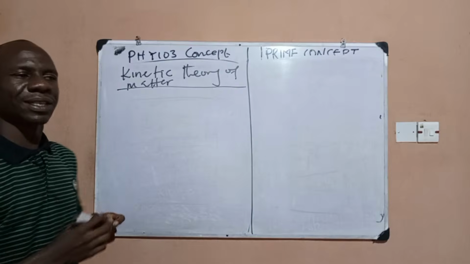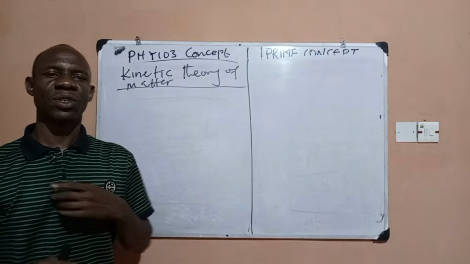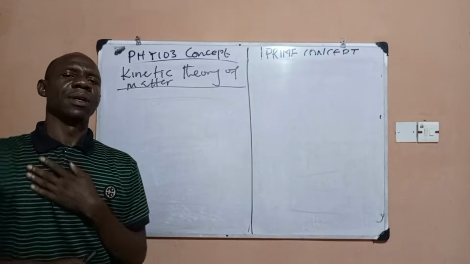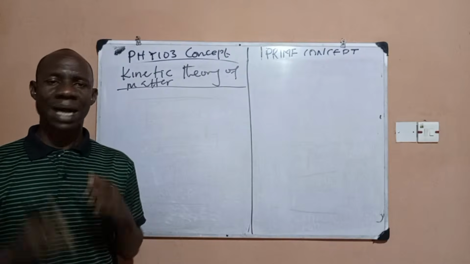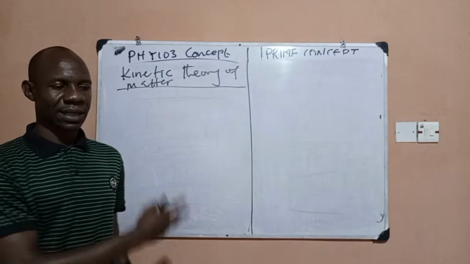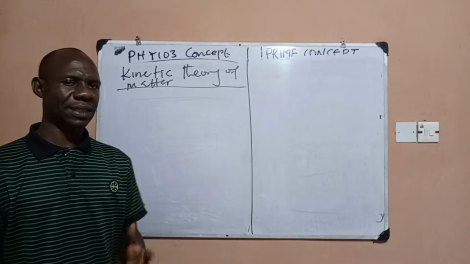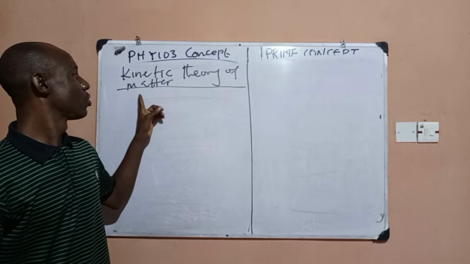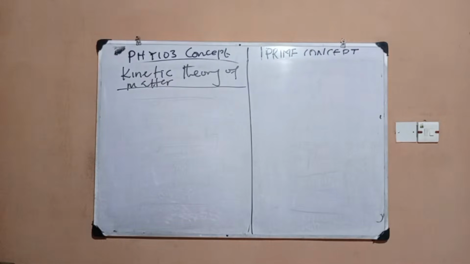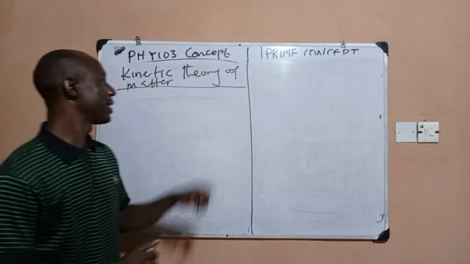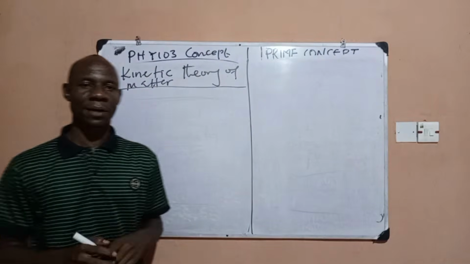Remember, I'm not going to be studying gases again. If we were studying gases, we'd be talking of gas laws, Charles' law. I did this in our revision class for Chem 101. So I'll skip that part and go straight to kinetic theory of matter.